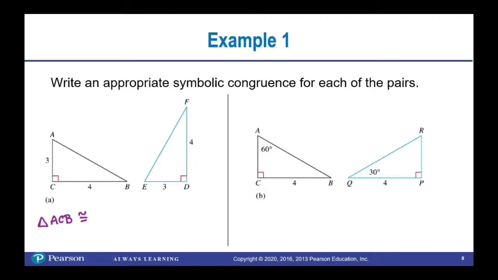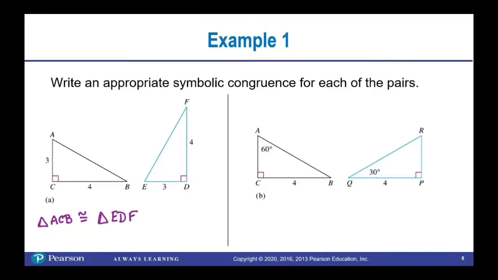As I begin to name the second triangle, my matching pieces need to be named in the same order. So I need to think about what piece of the second triangle matches A in the first. Well, that would be E. Then what piece matches C? C and D match, so the next letter would be D. And last, that leaves us with B and F matching.